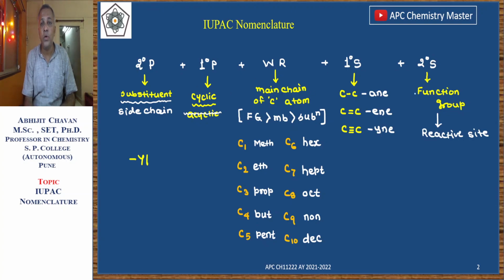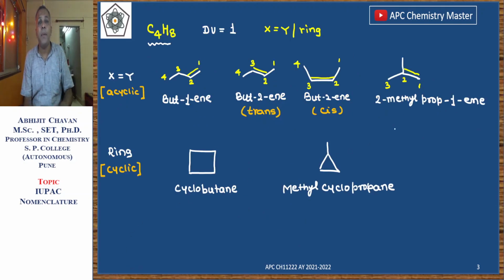So one more time, please rewind the video, see all the details and apply it to this example so that you get a fundamental concept of IUPAC nomenclature. We don't need to go into much more detail about IUPAC, but fundamentally we must know how to distinguish the compounds, because this is a basis. IUPAC nomenclature is the basis for isomerism. So that is a very, very important point.